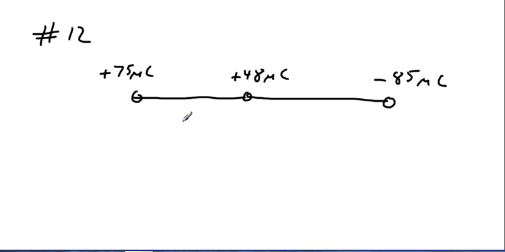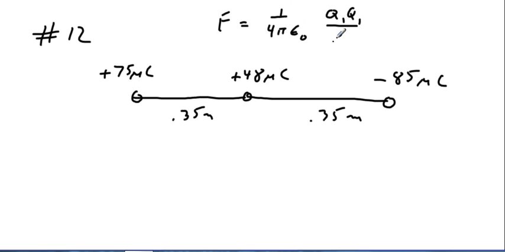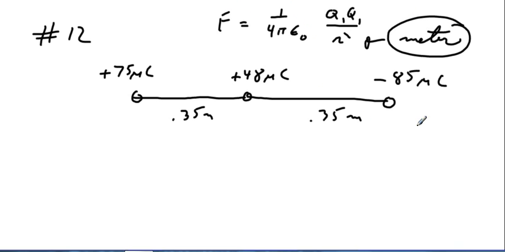And they're equally spaced, 0.35 meters, 0.35 meters. Now, when we do the force is equal to 1 over 4 pi epsilon naught q1 q2 over r squared, the r needs to be in meters. So keep that in mind.